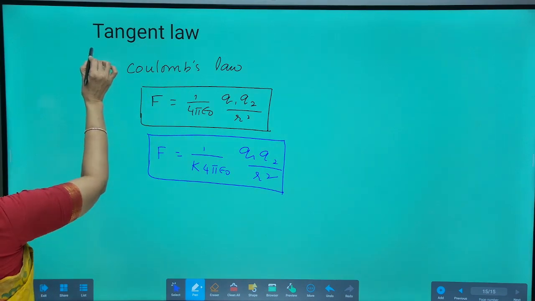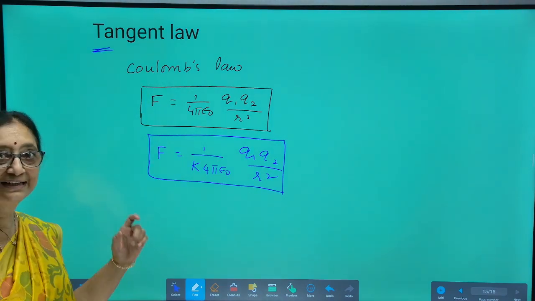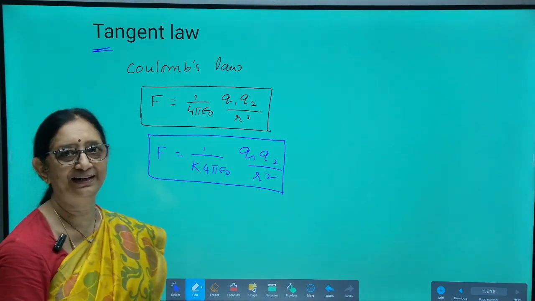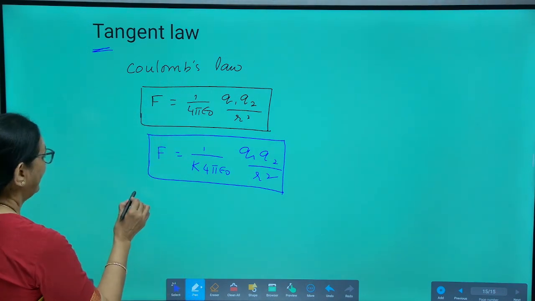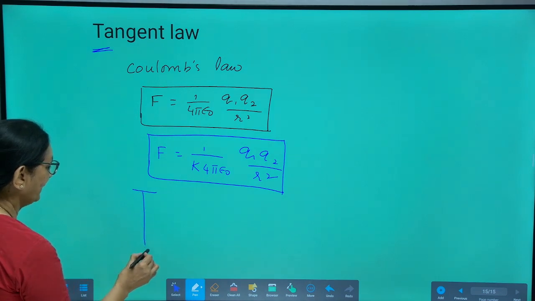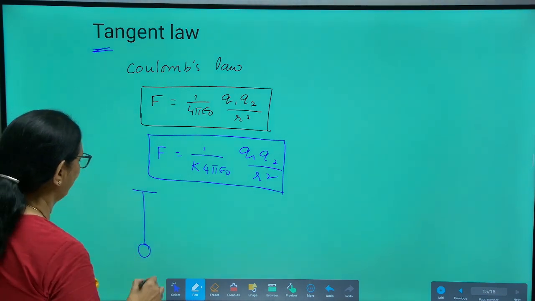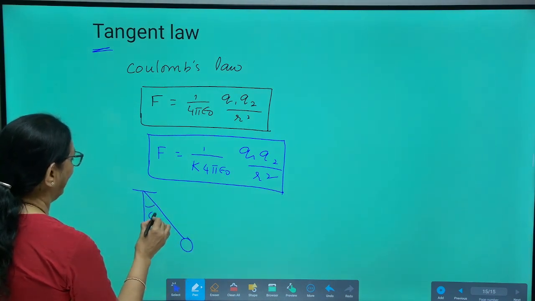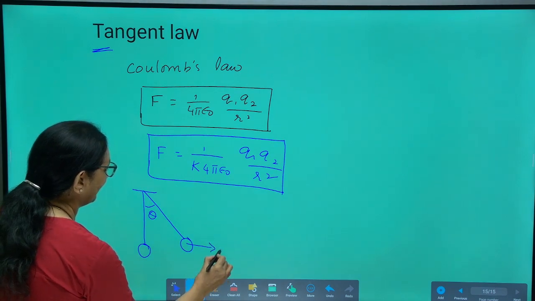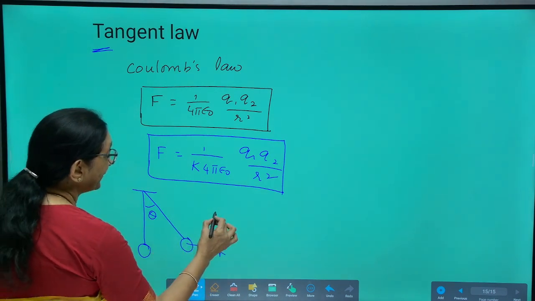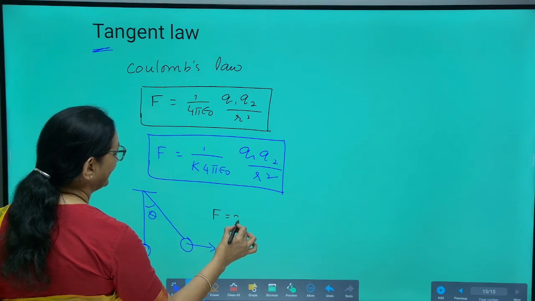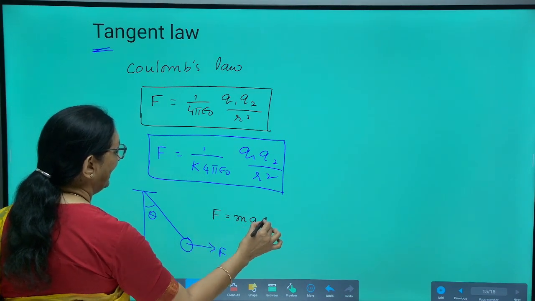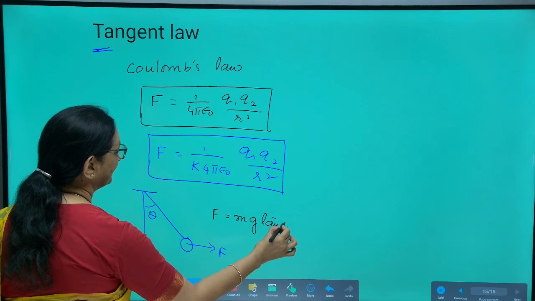Now, let us go back to tangent law which we studied in our vectors. See here, a simple pendulum is suspended and it is pulled aside through an angle theta by a horizontal force F, and we proved that from tangent law F is equal to mg tan theta.